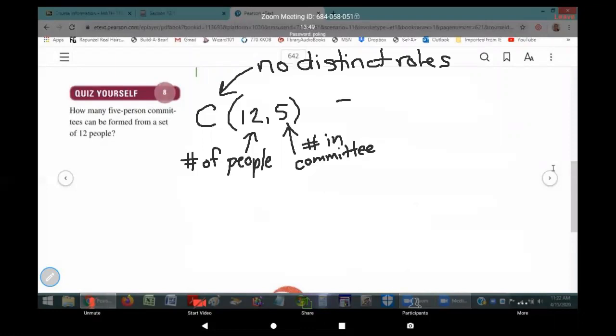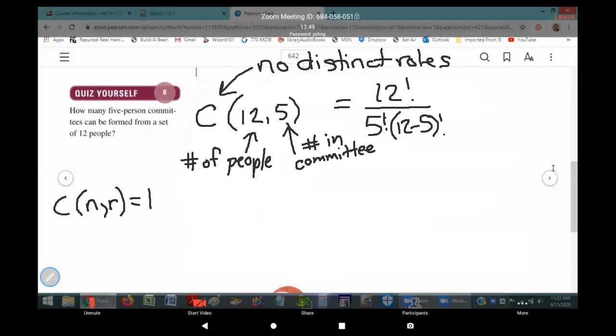There's nothing like that going on. So the notation is 12 factorial over 5 factorial times 12 minus 5 factorial. Because if you recall, the formula for combination is permutation divided by the r factorial.